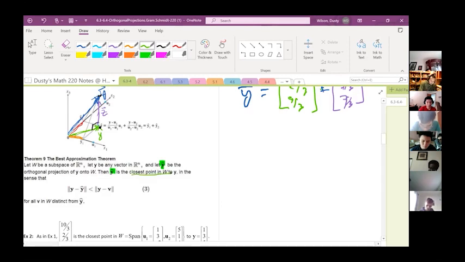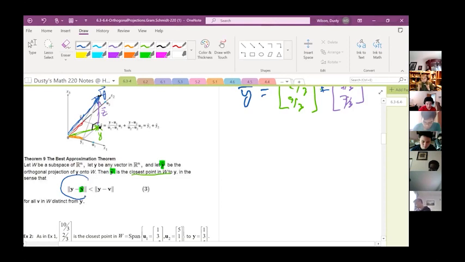So in that sense, we're saying that on the left, you have the distance between Y and Y hat. That's how you want to think about it.